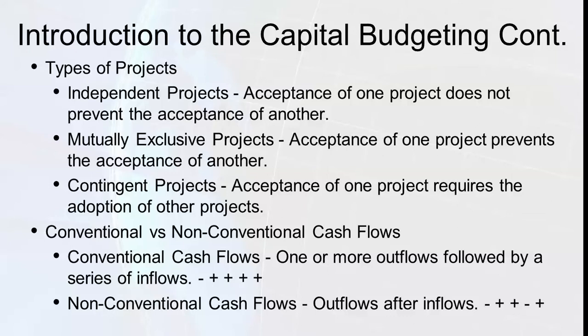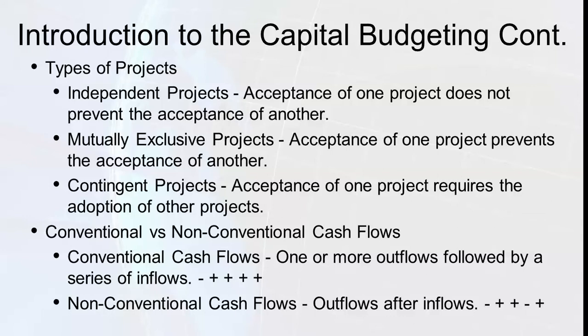If a project is not related to the other project, so basically acceptance of one project does not prevent the acceptance of another project, this is called an independent project. If the acceptance of one project prevents the acceptance of another project, we call them mutually exclusive projects. And if the acceptance of one project requires the adoption of other projects, then we call them contingent projects.